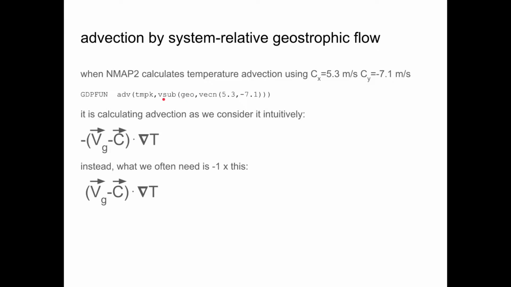And so this V sub is a vector subtraction function, and it's subtracting the C vector from the geostrophic wind.